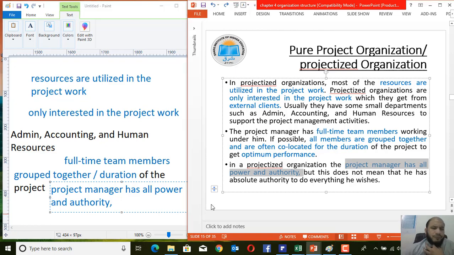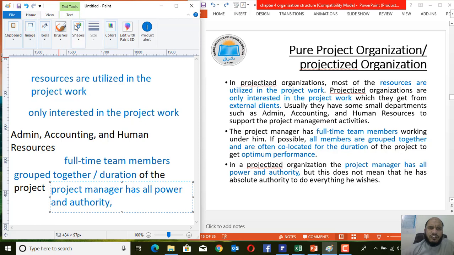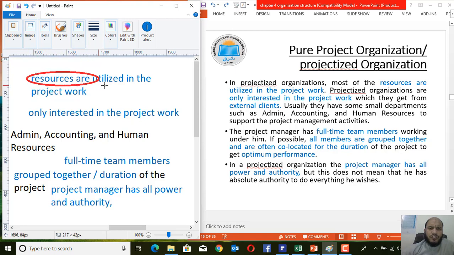So let's draw a conclusion from this slide. Dear students, the projectized organizational structure is a structure where all the resources of the project are utilized for the project work.